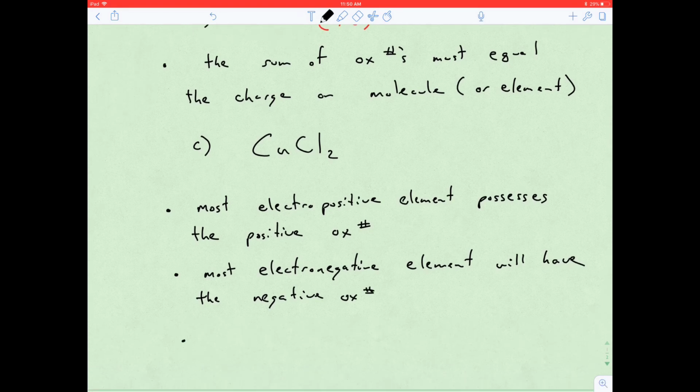And then lastly, the sum of these oxidation numbers must equal the charge on the molecule.